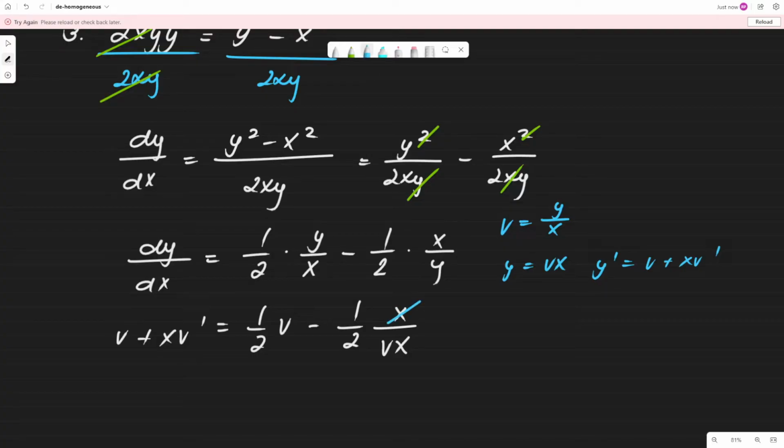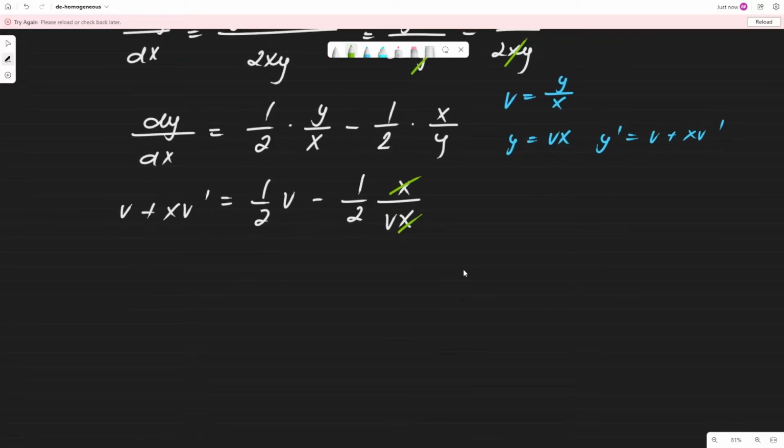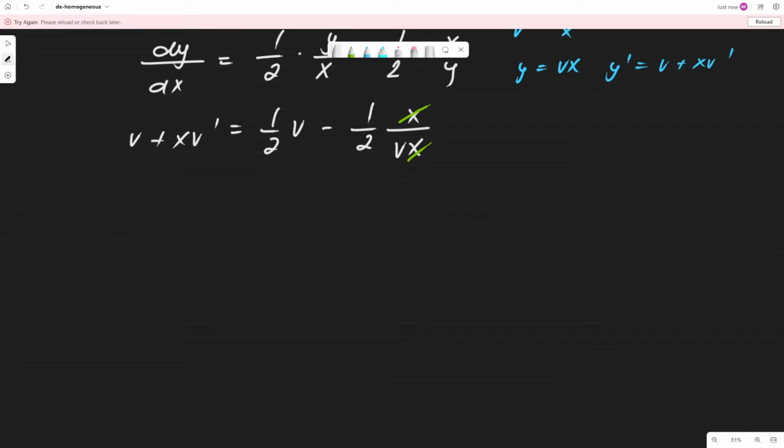Ayan, so, cancel yung x. You can do that directly, walang problema doon. I just do this na ginagawa ko, y pa yung sinasubstitute ko para lang at least mas detailed. Pero if familiar naman na kayo, you can do x over y is equal to 1 over v. Ayan. Okay, so we have here 2v as the denominator, so we can multiply both sides by 2v so we can isolate.